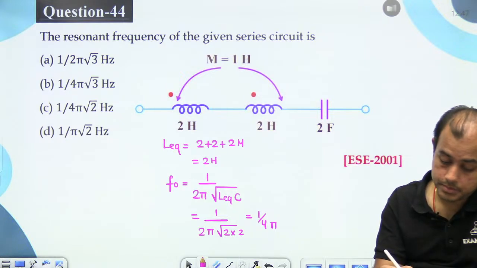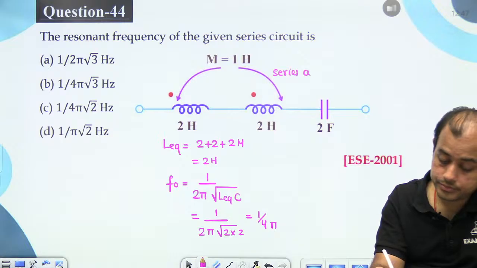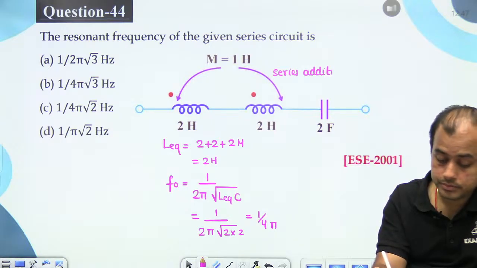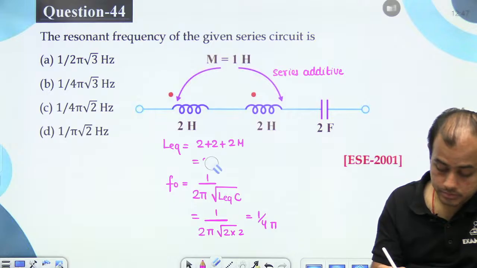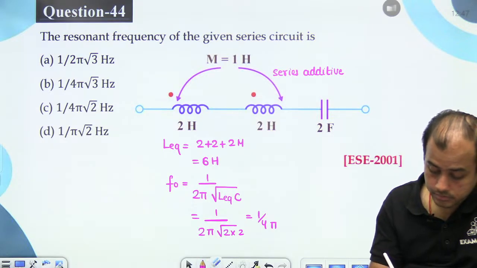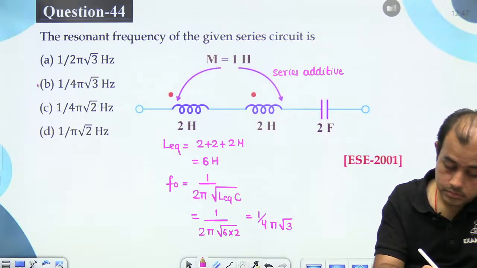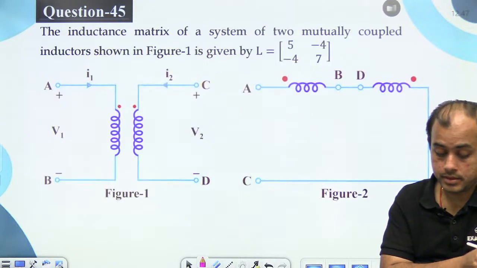Sorry, plus है यहाँ पे. This is series additive. B. So answer is B.